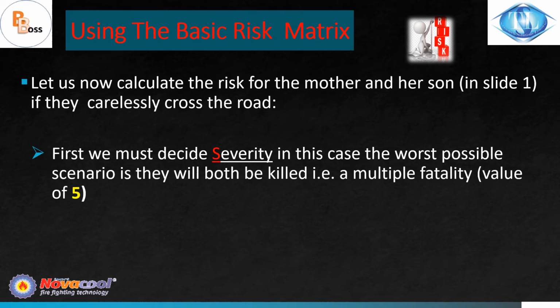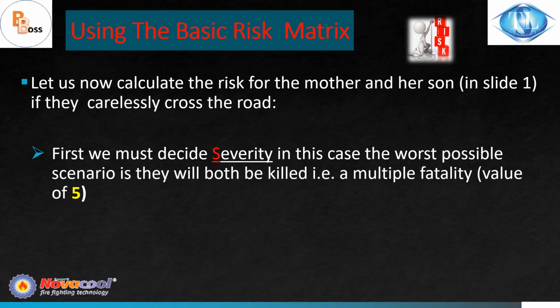Now we are going to learn how to calculate the risk. But before we do that, I hope you can put the risk matrix in front of you because we are going to use it. Let us now calculate the risk for the mother and her son that we saw in slide 1. If for some reason they carelessly cross the road, they are in a hurry, they didn't follow that simple rule.